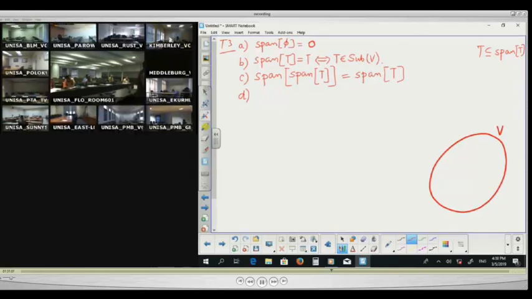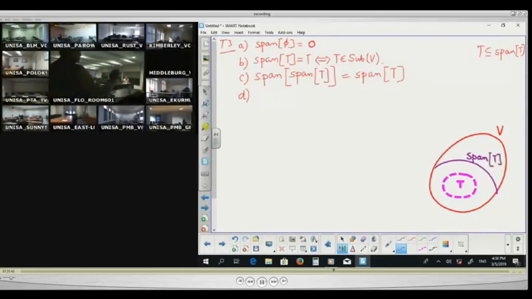This was your T. When I draw it like this, it means that it's not completely visible, but I can see it, as if I'm trying to explain. And then when I make it into a subspace, this is my span of T. So it's bigger. Now it becomes visible as a subspace, and it is the smallest such subspace which contains this T.